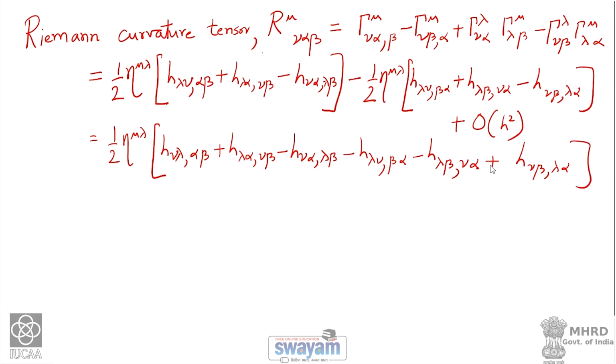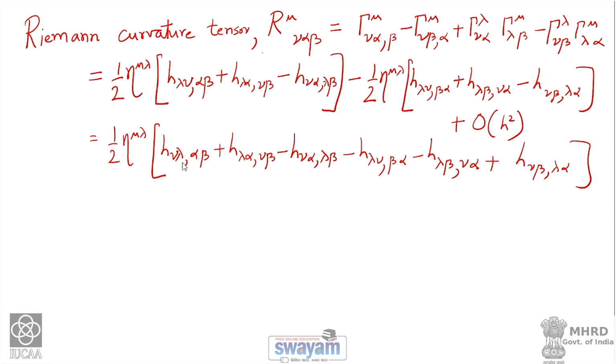Okay. So, we have put all the terms together, and therefore, now we will see some cancellation, and let us look at which are the terms that cancel. Now, look at the nu alpha and lambda alpha terms. Remember that comma beta alpha means there is a partial derivative with respect to x beta, partial derivative with respect to x alpha, but partial derivatives commute. h lambda nu is same as nu lambda.